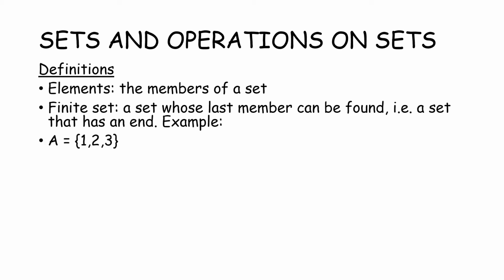An example will be the set A is equal to the numbers 1, 2, and 3, or the set of colors in a rainbow. The set of colors in a rainbow is made up of the colors red, orange, yellow, green, blue, indigo, and violet. As such, it's an example of a finite set as it ends with the color violet.